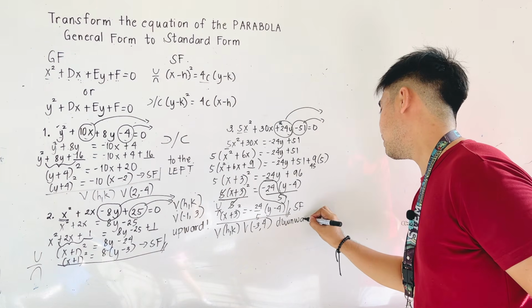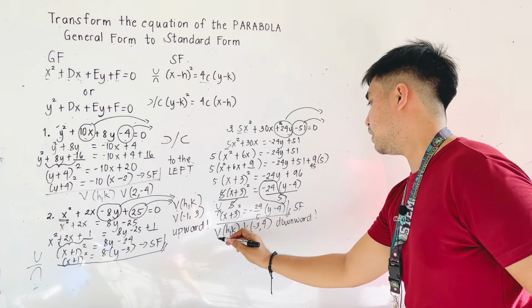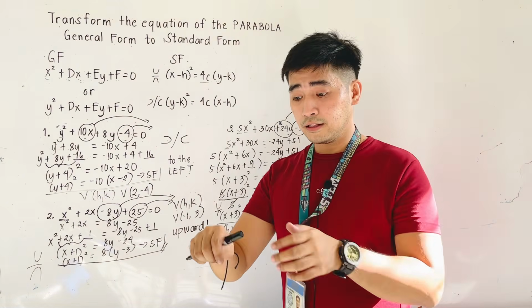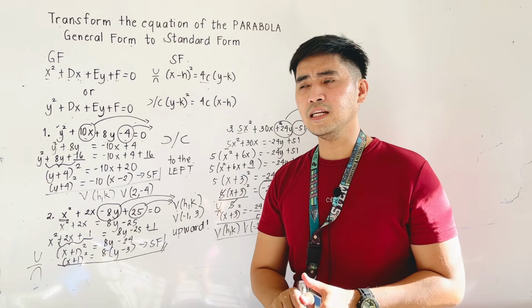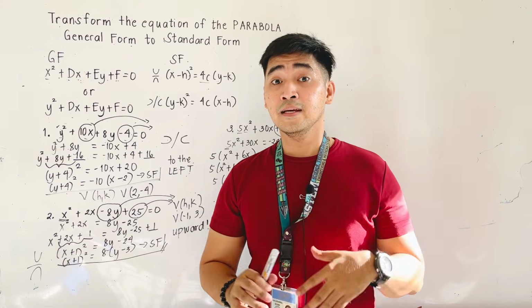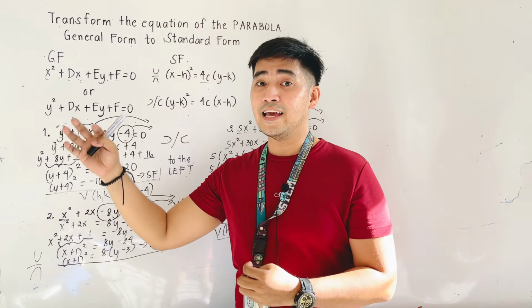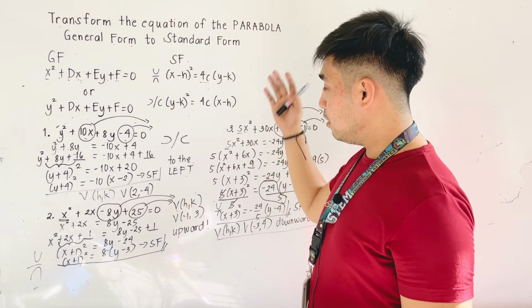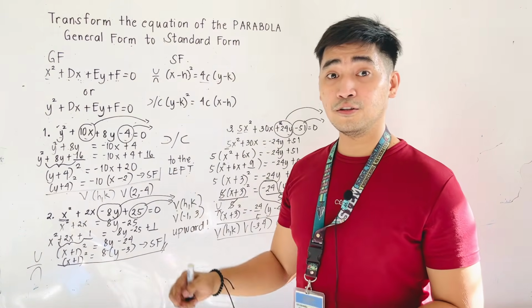Very good. That is opening downward. So that is how we transform the general to standard form of the parabola. Again, in transforming, all you have to do is to know the general and standard form. So, I guess this is all for the transformation of general to standard.